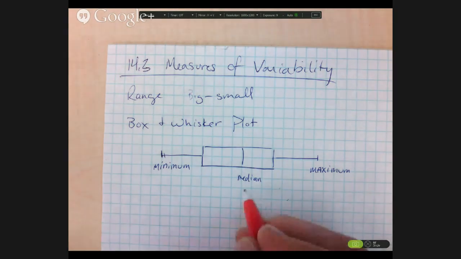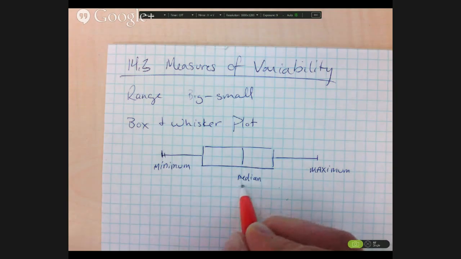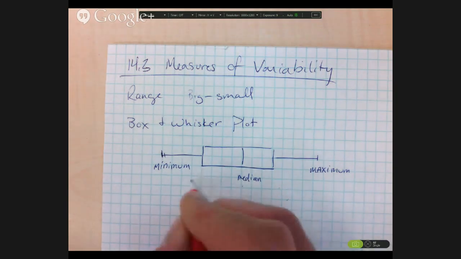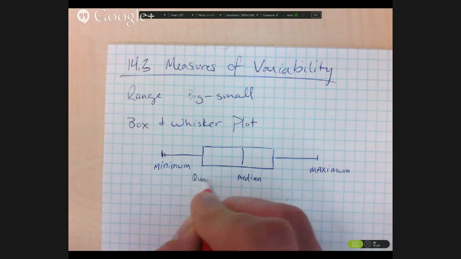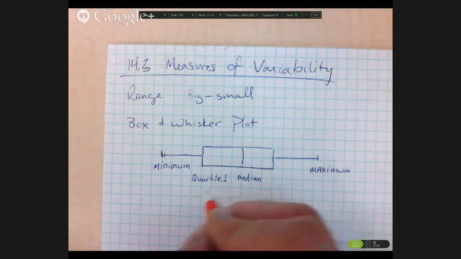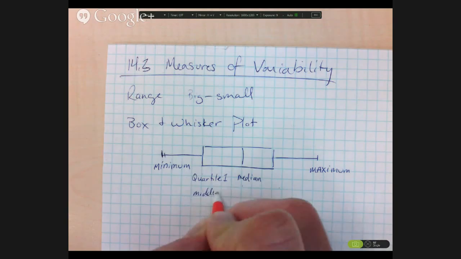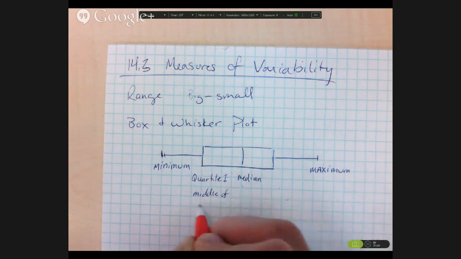So this is half of the data. What would this be? A quarter, what's that called? Quartile 1. It's the middle of the lower half.